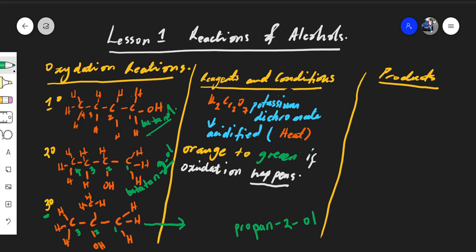So the new value is 2, so it is 2-methyl. That's how we are going to be able to know this.